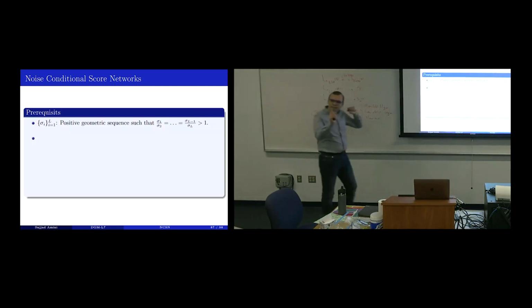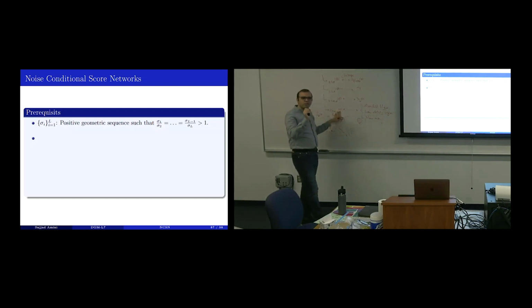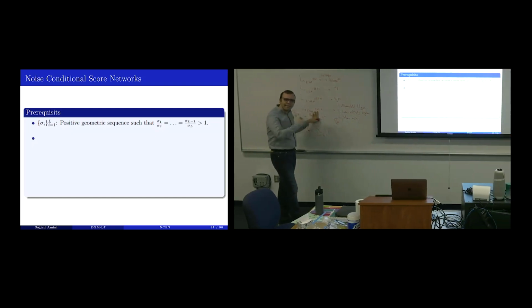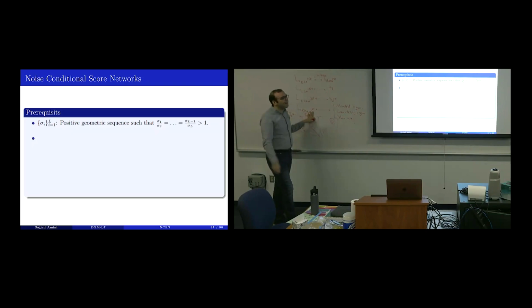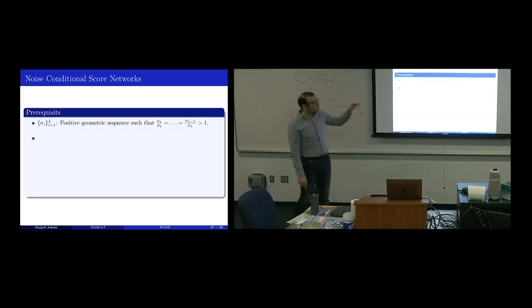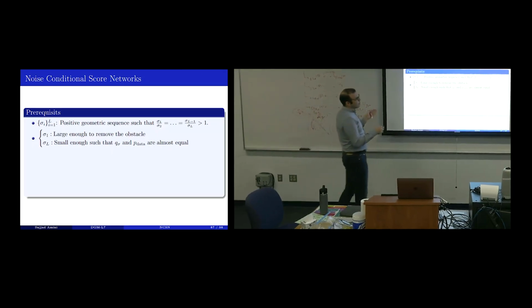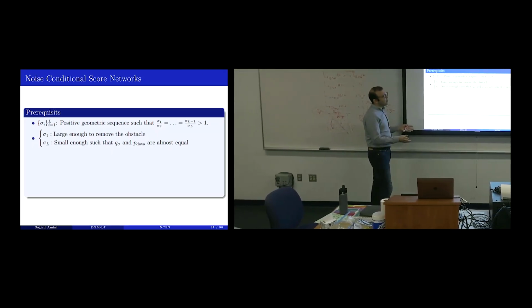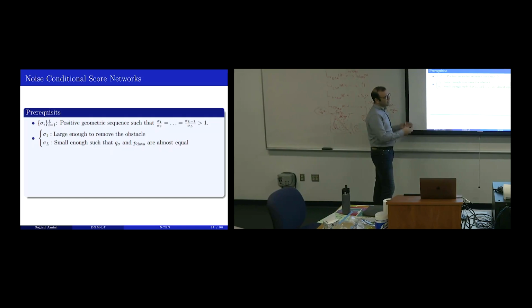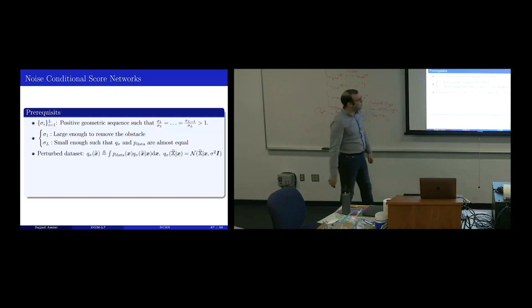So instead of one noise variance, you have a sequence of noise values. Again, sigma 1 is the largest, the noisiest version as a result of perturbing with sigma 1, and sigma L is the smallest one.